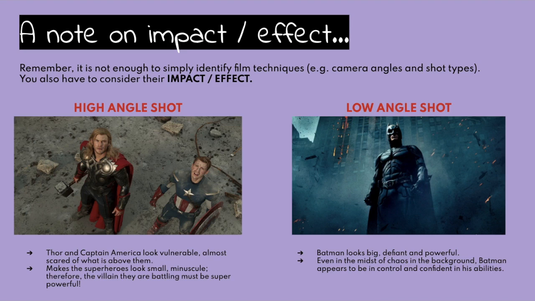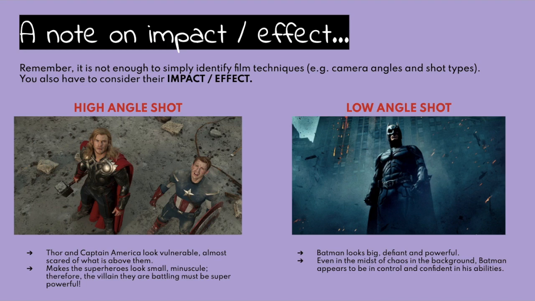It's almost like they're looking up at something, and what is above them is really scary. The high angle shot makes the superheroes look really small, almost minuscule, like little dots. Therefore, the villain that they're battling must be super powerful to make a superhero look pretty scared and pretty inferior. So that's the impact of the high angle in this image.